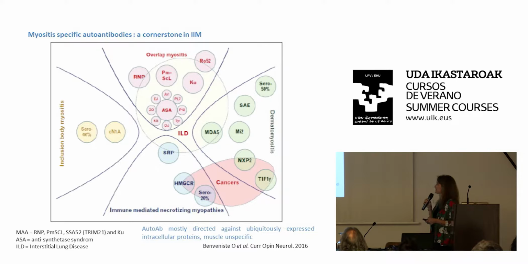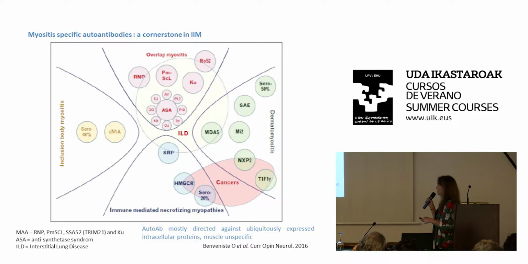Myositis-specific autoantibodies were quite a cornerstone in inflammatory myopathy classification in a way, because as you can see here in this graph, you can segregate the pathology with antibody. Here are the dermatomyositis group with those antibodies.